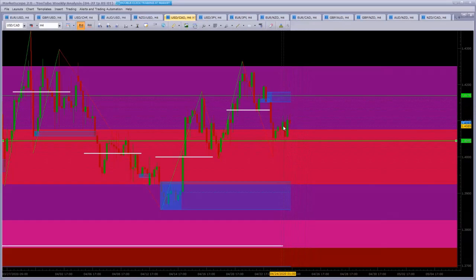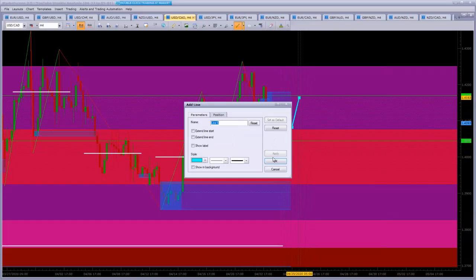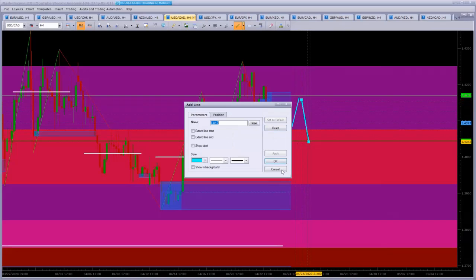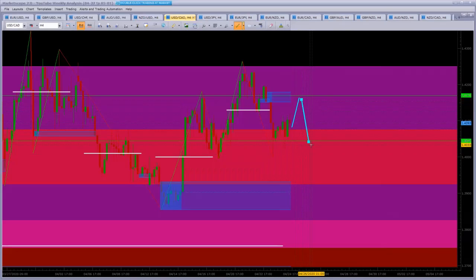Because at that point, what we're expecting is that this dollar CAD is going to come in towards supply, and then you're going to take out this 4-hour area right here. And then most likely at that point, you should have a nice looking trend. You should be able to get into this big 140 area.